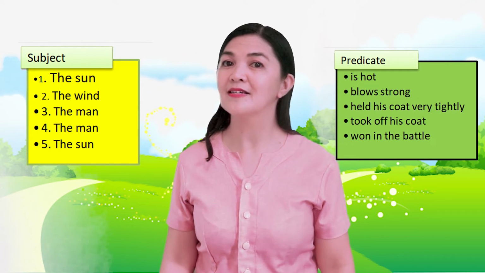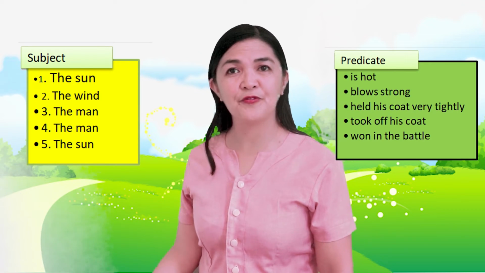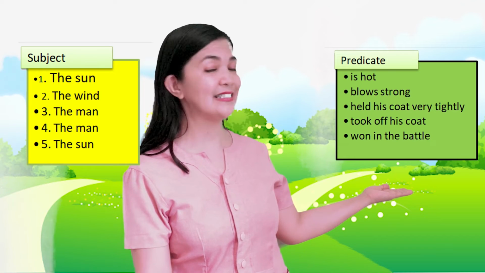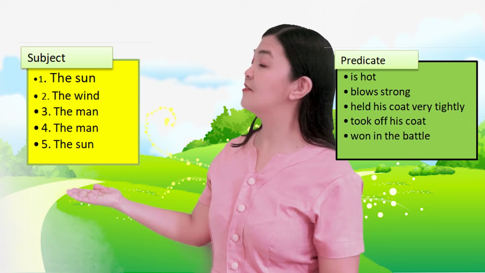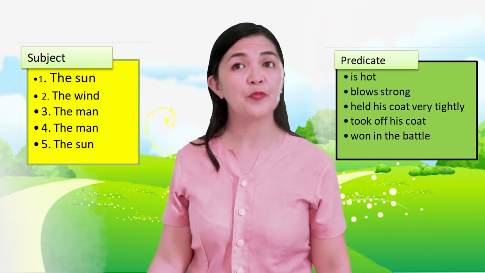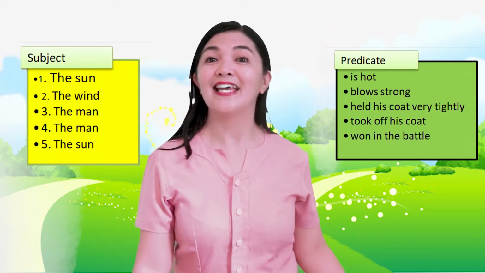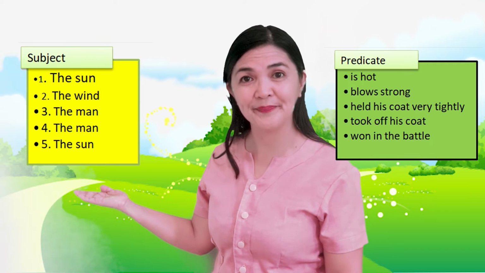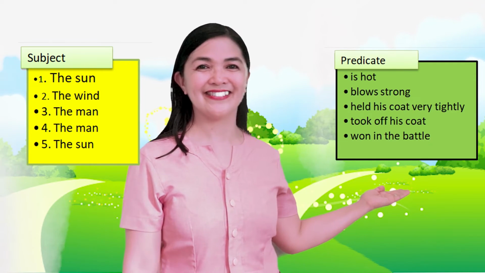Number 3, subject, the man; predicate, held his coat very tightly. Number 4, subject, the man, and the predicate, took off his coat. And lastly, for number 5, the subject, the sun, and the predicate, won in the battle.